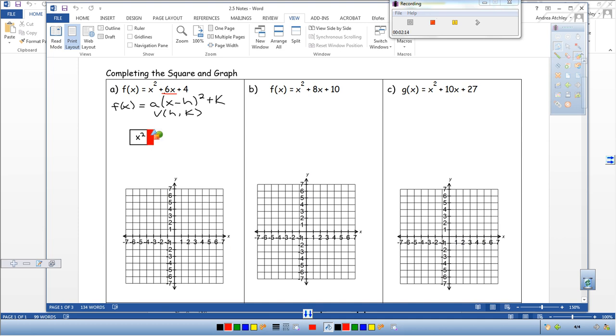So I need 1, 2, 3 on this side. And then 1, 2, 3 on this side.